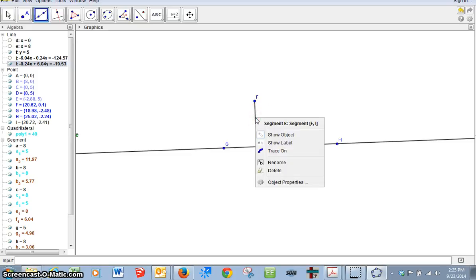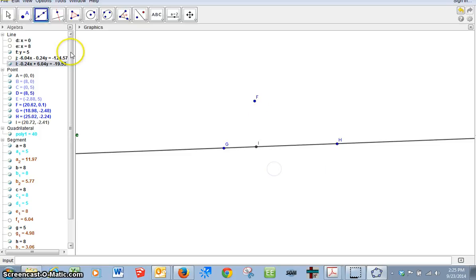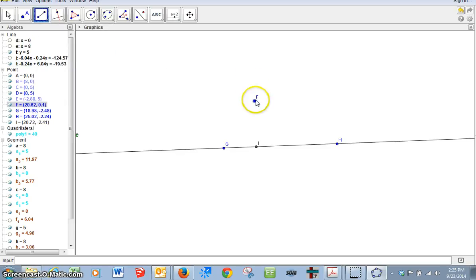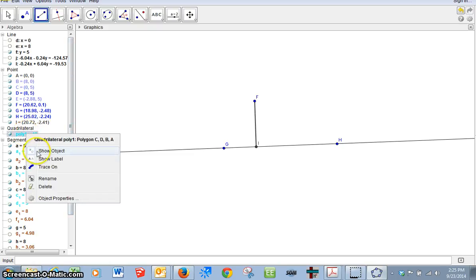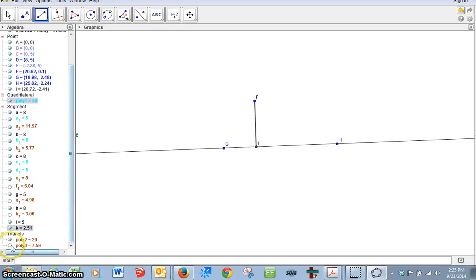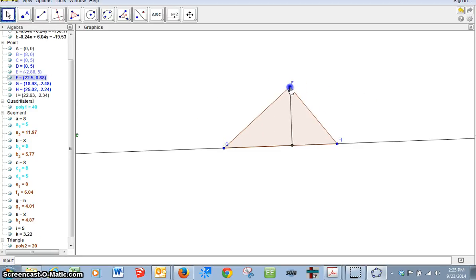I'm going to delete the segment, and I'm going to create a new segment from F to I, and I'm going to put the polygon back on, I think. Still getting stuck in there.